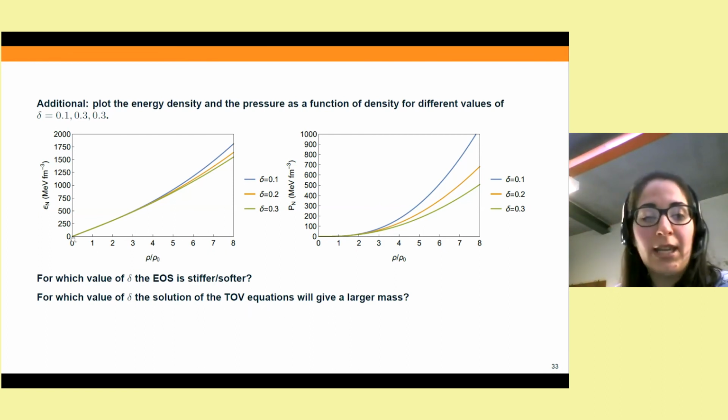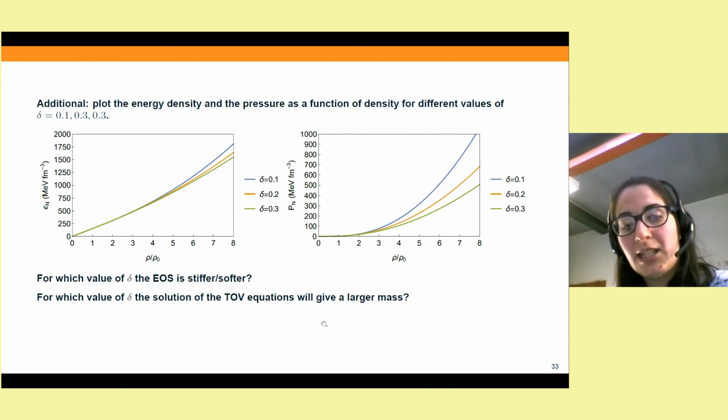If you take each of these points to be the central energy density of your star, you get a mass radius relation. So which one of these equations will give you a larger possible mass for your mass radius relation?